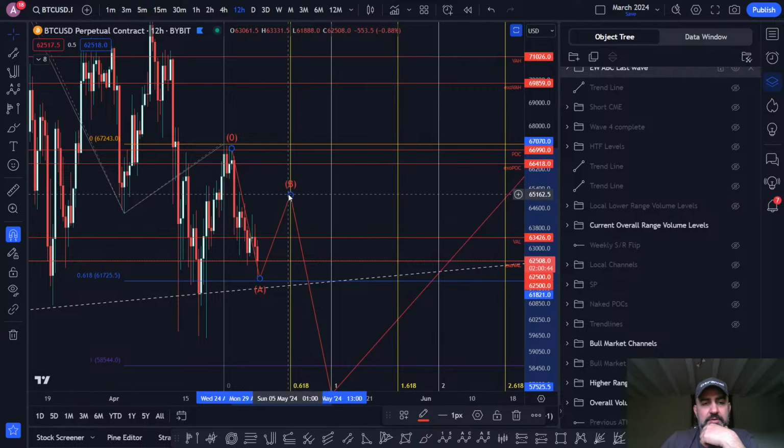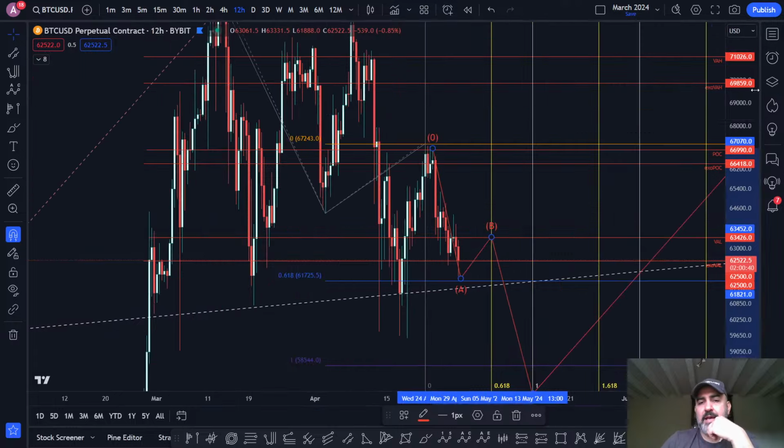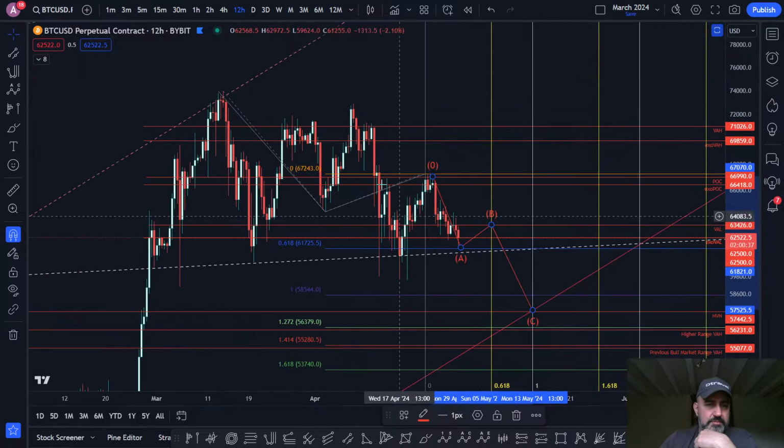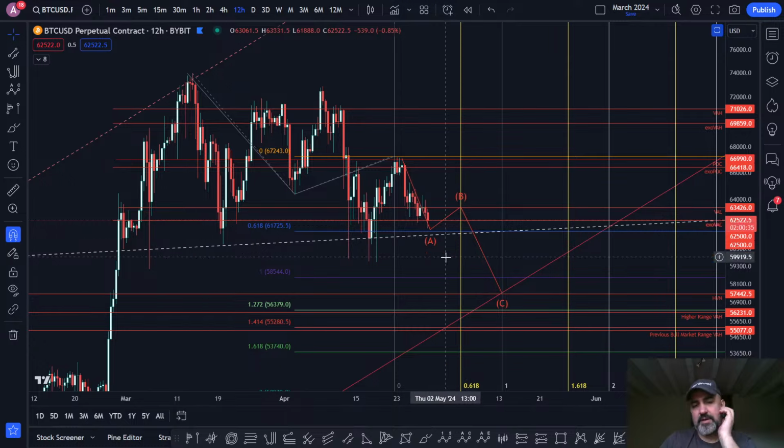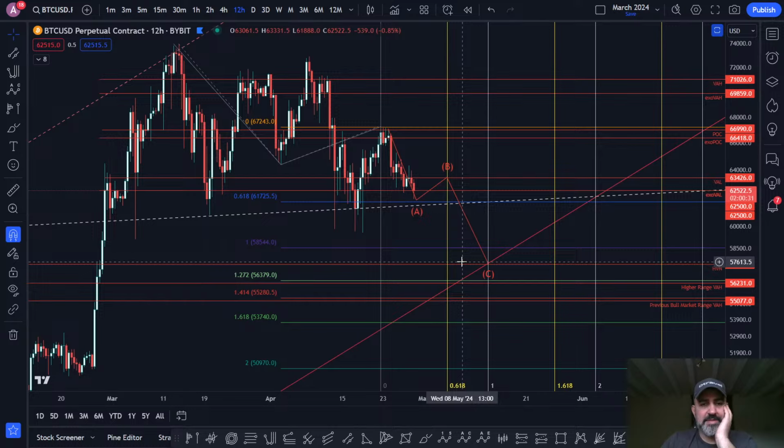I don't know. I have to have a look at that. All right. So potentially I'm still looking for some kind of corrective move down to this area of interest lower down.